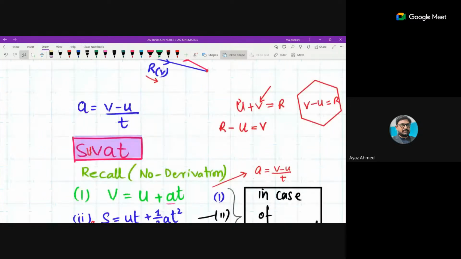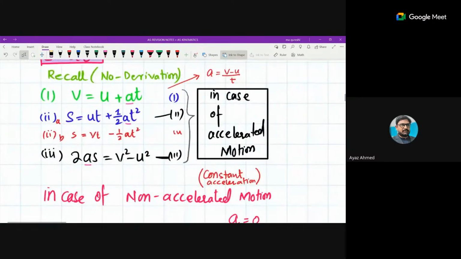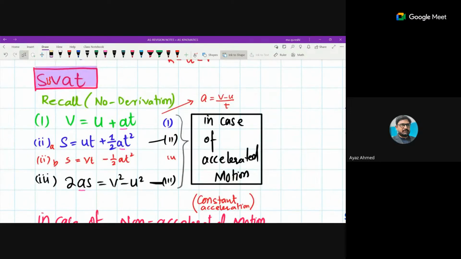Simple. Then we will go to the equations of motion, the second aspect, which is the more vital aspect of your kinematics. These are the equations of motion, SUVAT. If you recall the equations, they will help you out. There is no derivation included in the equations.